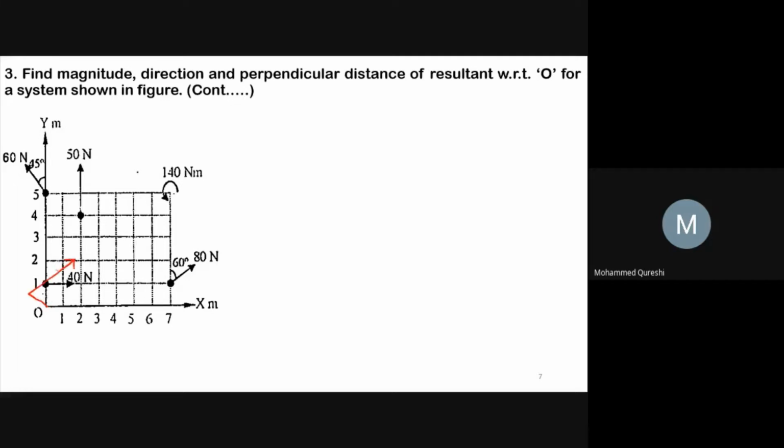This is your capital R, and this capital R is at a perpendicular distance x from point O. So first of all, R into x. Here, this R will move towards point O in the clockwise direction, hence it will be positive.